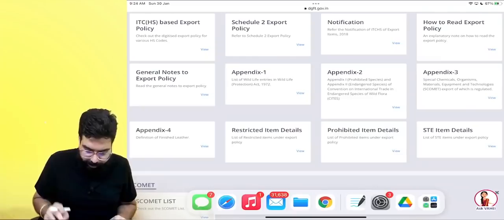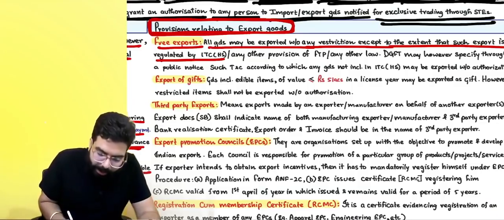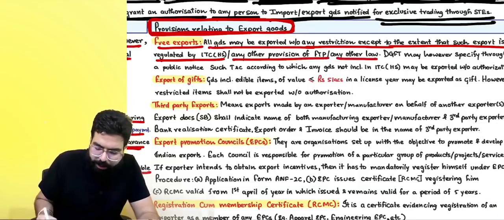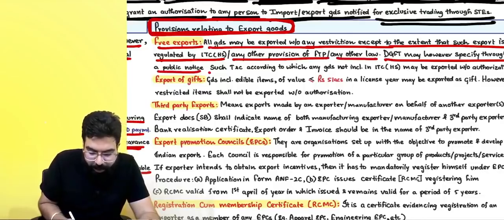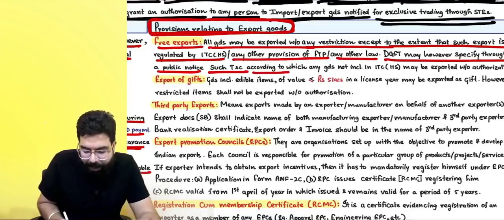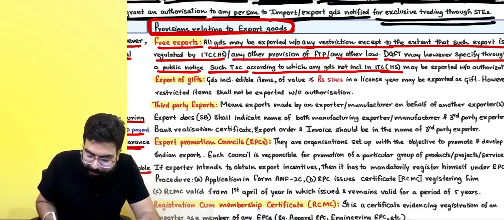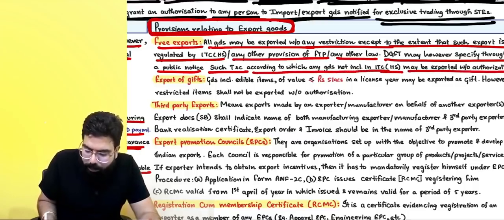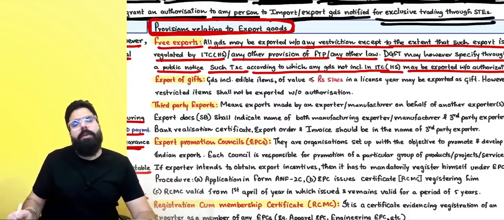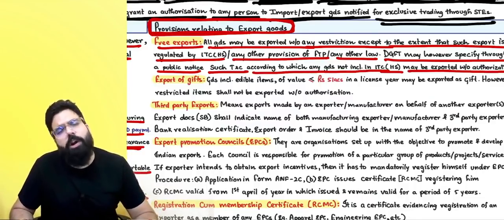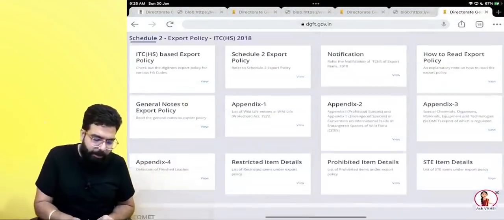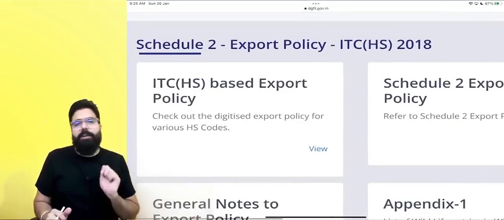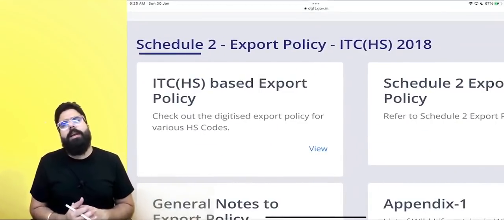Okay, sir, got it. Next, any other provision of the FTP or any other law. DGFT may, however, specify through a public notice such terms and conditions according to which any goods not included in the ITC HS may be exported without any authorization. Supposing some goods are not mentioned in the Indian Trade Classification, where the policy is not there, then the government can go ahead.